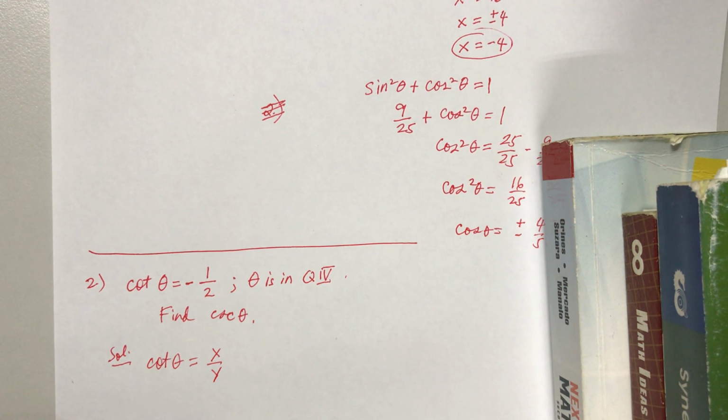Take note that in the given cotangent theta, which is negative 1/2, the negative sign is neither placed in the numerator nor in the denominator. Diba? We have always emphasized before that the negative sign in a fraction may be placed anywhere. It may be placed in the numerator, in the denominator, or even before the fraction is written. Like in this case, negative 1/2.